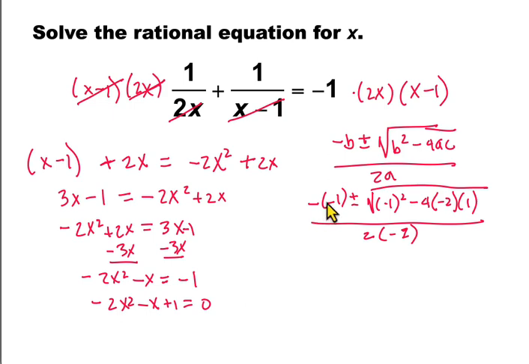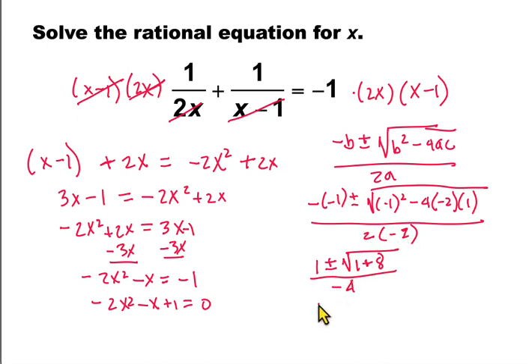Simplifying, we get negative 1 becomes 1 plus or minus the square root of 1 minus 4 times negative 2 is plus 8. Under the square root sign, 2 times negative 2 is negative 4.